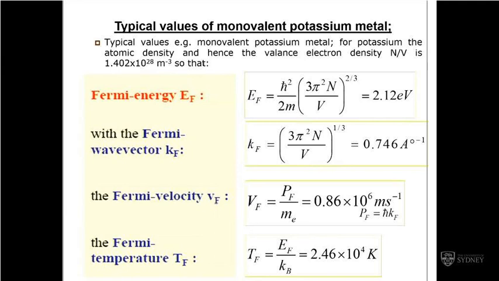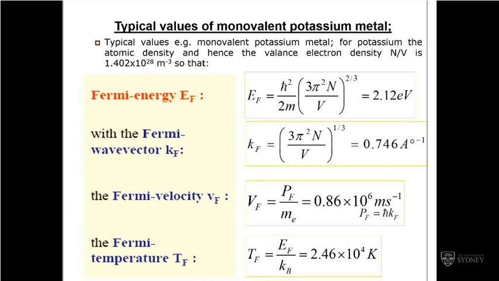You can calculate the Fermi velocity, momentum P at the Fermi level divided by the mass, and you'll get about 0.86 times 10 to the 6 meters per second. Remember, Drude underestimated the velocity, so this theory gives you a greater velocity, more like realistic values.